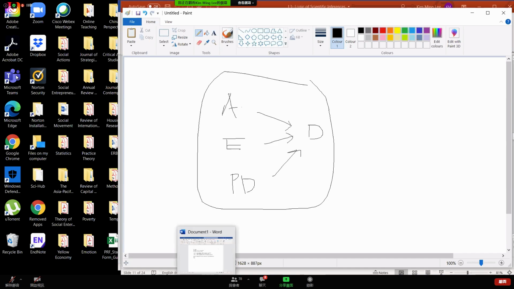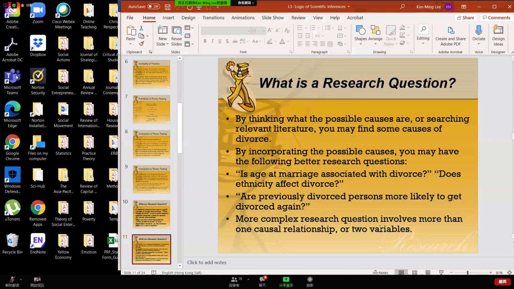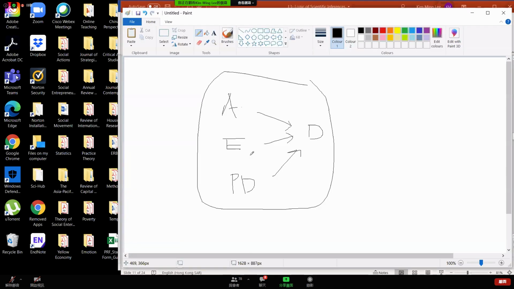In this case, we have a more complex research question involving more than one causal relationship, or more than two variables. We call this a theoretical framework. This is what you will do in research. When you write your research proposal, always give us a graphical representation of your theoretical framework.